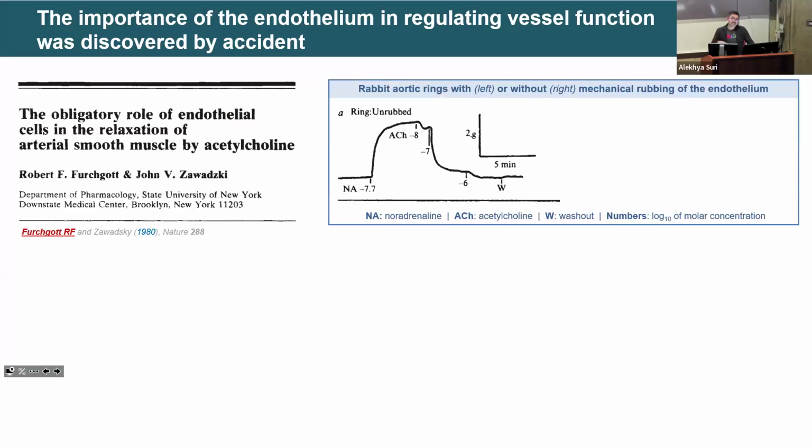And by accident, they discovered that in their preparations of aortic rings from rabbits, they were doing a bunch of different experiments to test for something completely different. And they were using this property of acetylcholine to vasodilate. And for some reason, they discovered that the acetylcholine was not working, right?